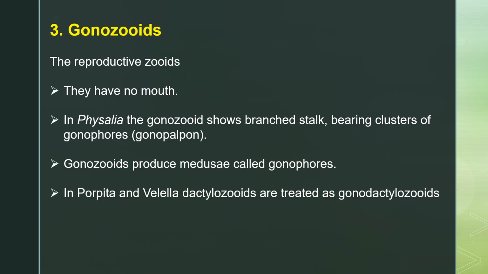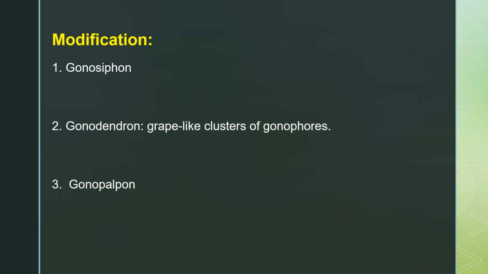In the Porpita and Velella forms, dactylozoids are treated as gonodactylozoids. There are certain modifications like gonangium, gonodendron-like structures which look like grape-like clusters of gonophores, then gonopalpons.